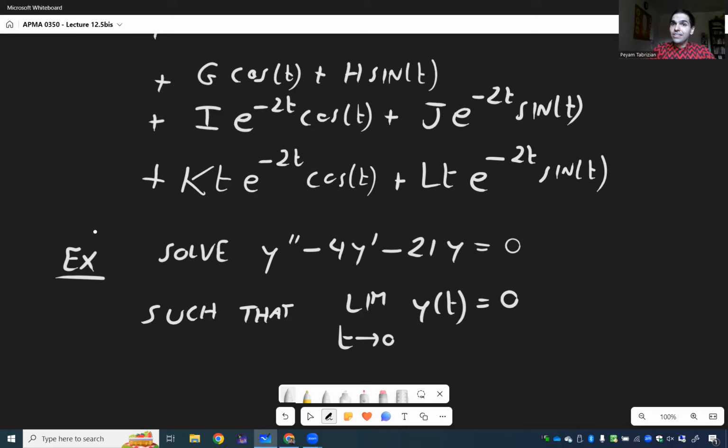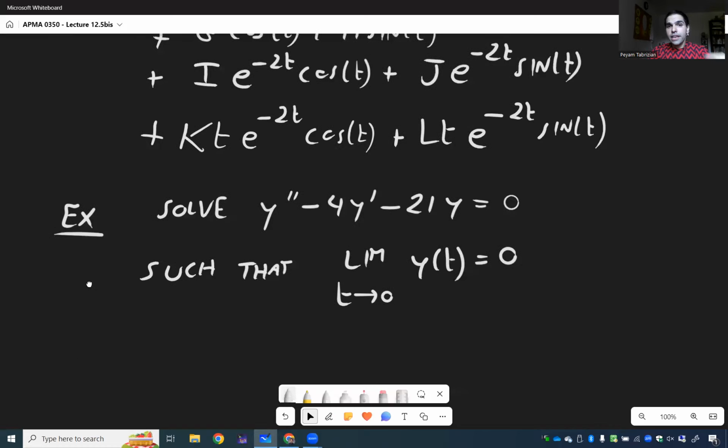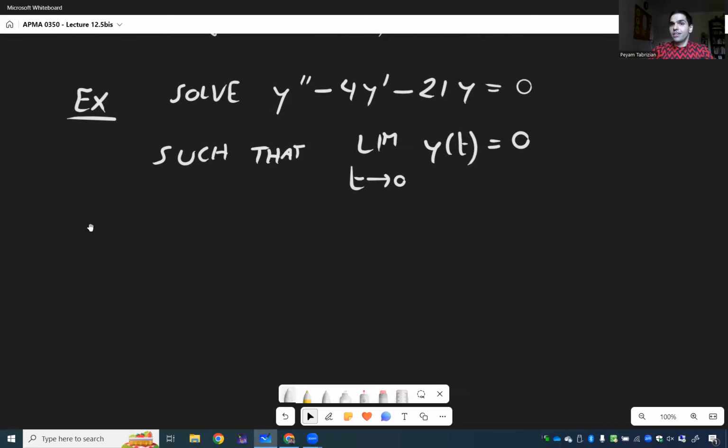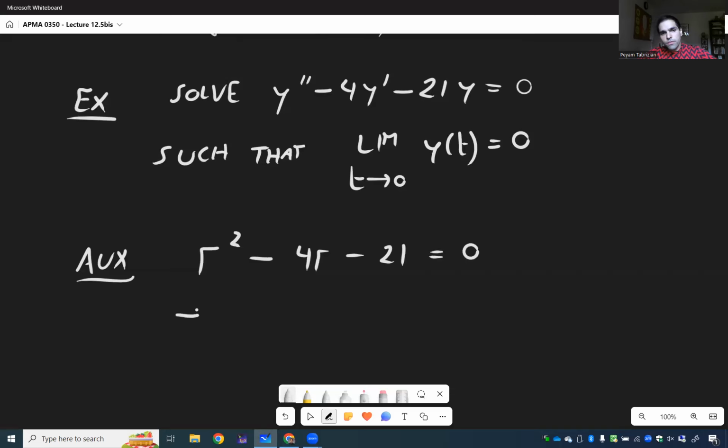Now, it's a kind of non-standard condition, but important thing in application. Like we have, let's say, oscillations, and we want to figure out when do the oscillations go to 0. But same thing as usual. So we find the auxiliary equation, r squared minus 4r minus 21 equals 0.